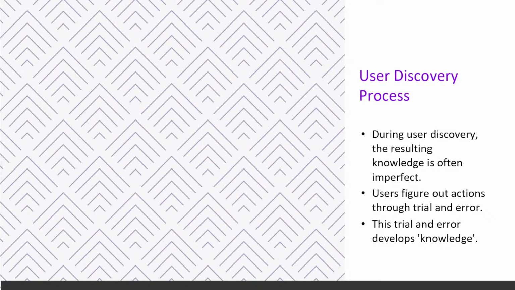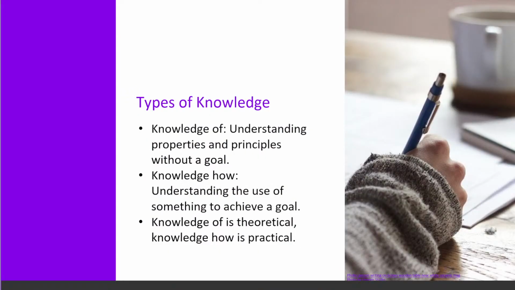So in regard to all of that, it's really important that we have a look at the different types of knowledge, right? Being knowledge of and knowledge how. And so the big difference here is that knowledge of is theoretical. Knowledge of is what we believe to be the case, and then knowledge how is practical. So knowledge of is understanding the properties and principles without a goal. We don't really have anything in mind. We're just trying basic principles out.